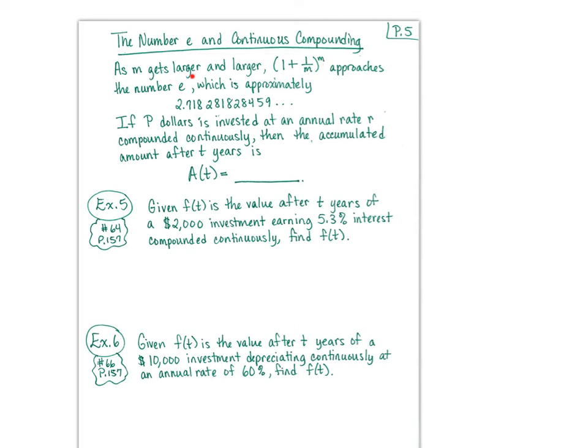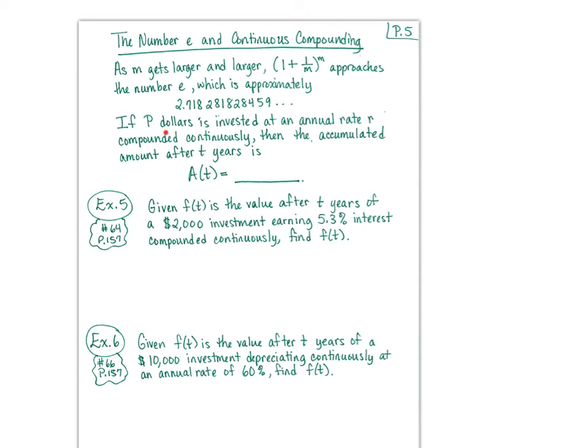Whenever we plug in 100, for example, we'll get a number. But if we plug in 1,000, we'll get another number. But those numbers are going to approach the number e, which is 2.71828459, and it continues, okay? Am I going to ask you to remember all of this? Absolutely not. This is just to introduce that number to you, okay?